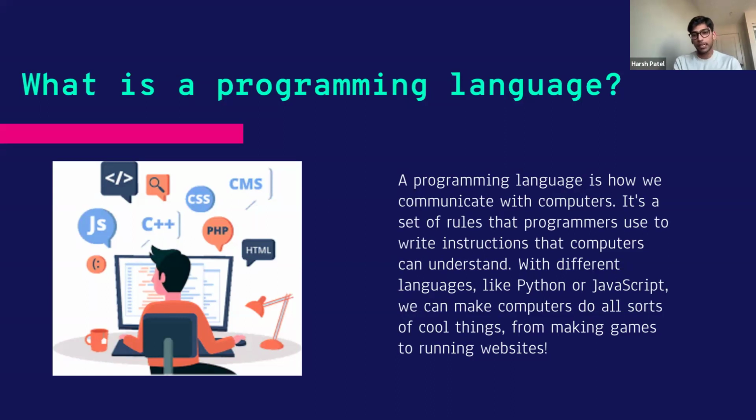So Python is a language, JavaScript, Scratch, all those are languages that we use to communicate with the computer and tell it to do all sorts of things. We can make games, we can make websites, pretty much anything we want to do, right?